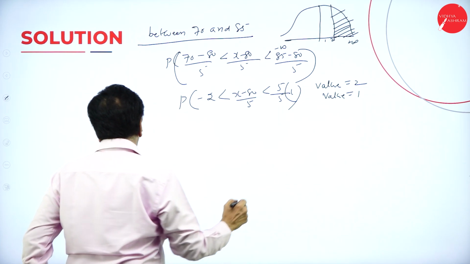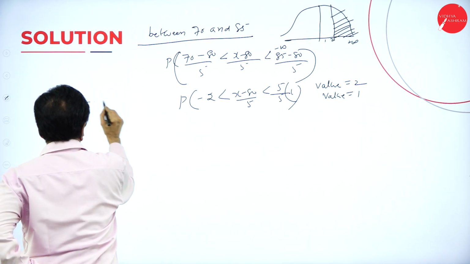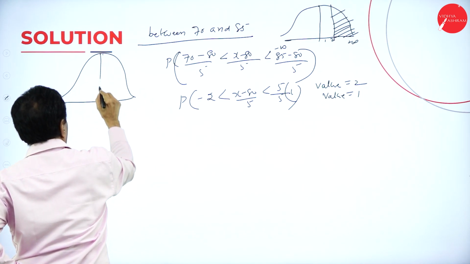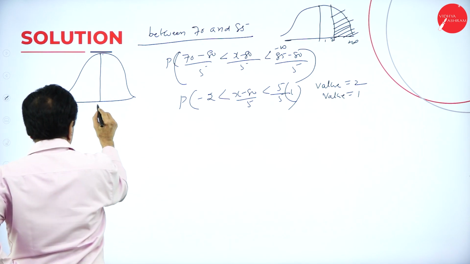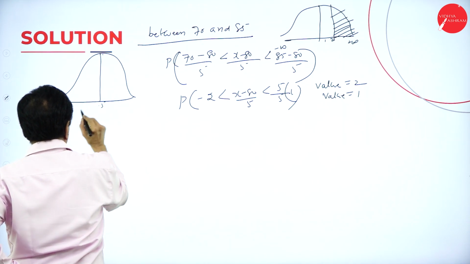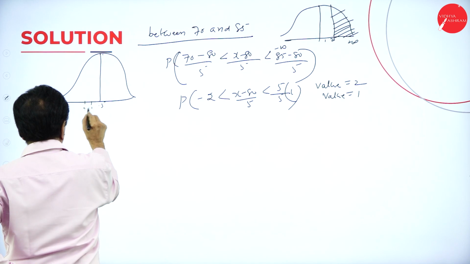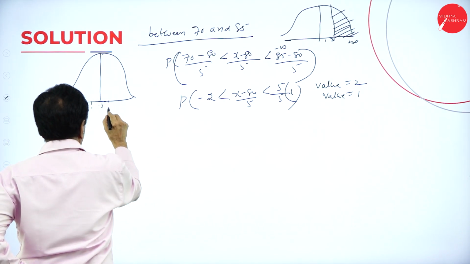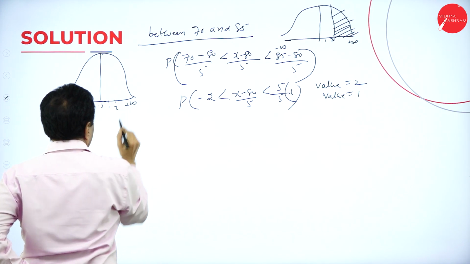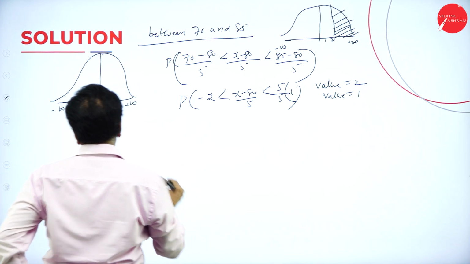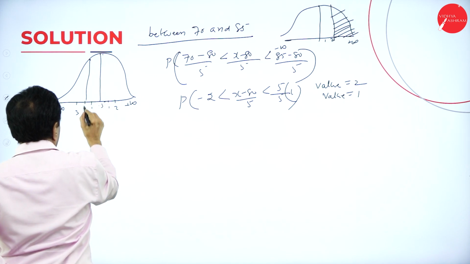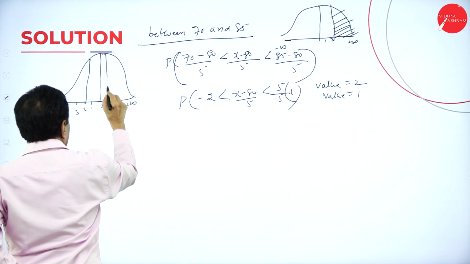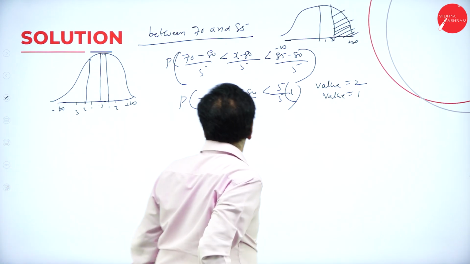If you draw a figure here, this is the center point, minus 1, minus 2, minus 3, to infinity, and 1, 2 positive. The first is minus 2 here, another is 1. You have to shade this.